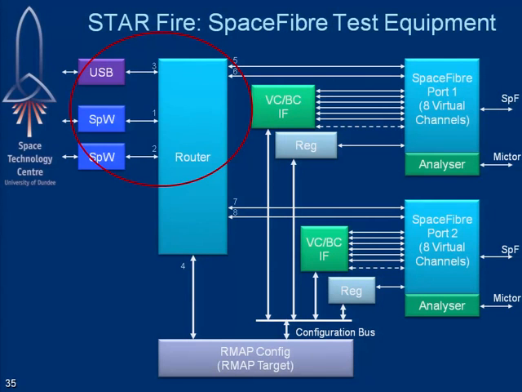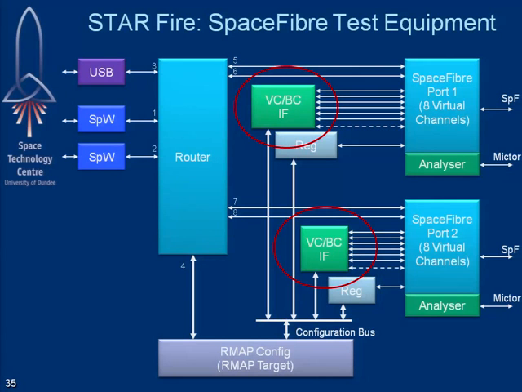And that router is also connected to 2 virtual channels on each of the SpaceFibre interfaces. So we can route information from SpaceWire over the SpaceFibre virtual channel, or up to USB, or between one SpaceFibre port and another SpaceFibre port, and so on.